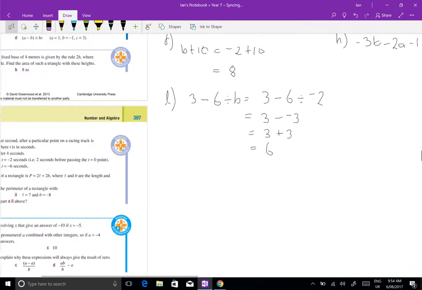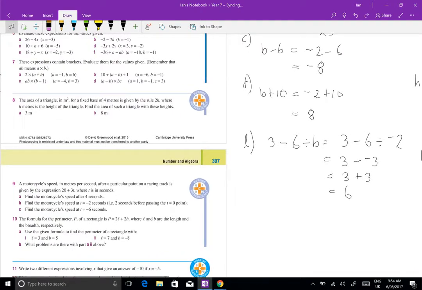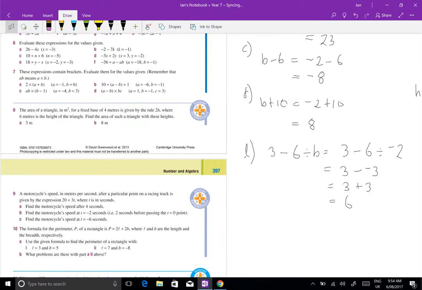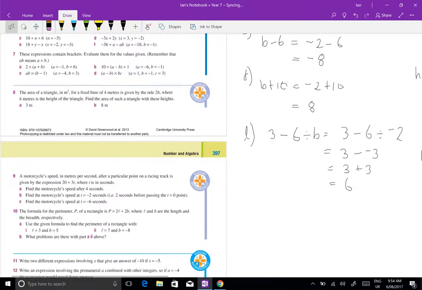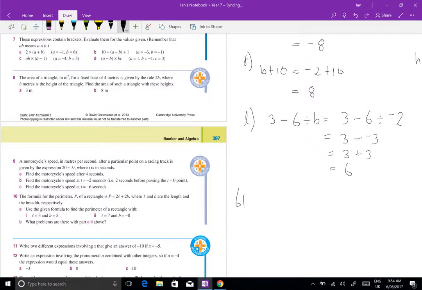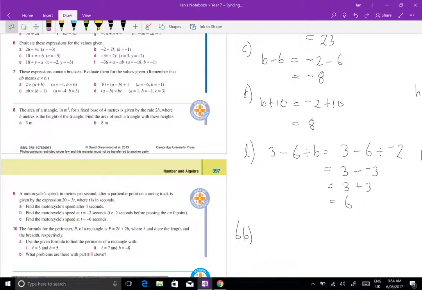Now, question 6. So they tell me what to do. So I might just do B and D. So 6B. 6B is pretty easy. It's an expression with one value, which is -2 minus 7k. And they say let k equal -1.